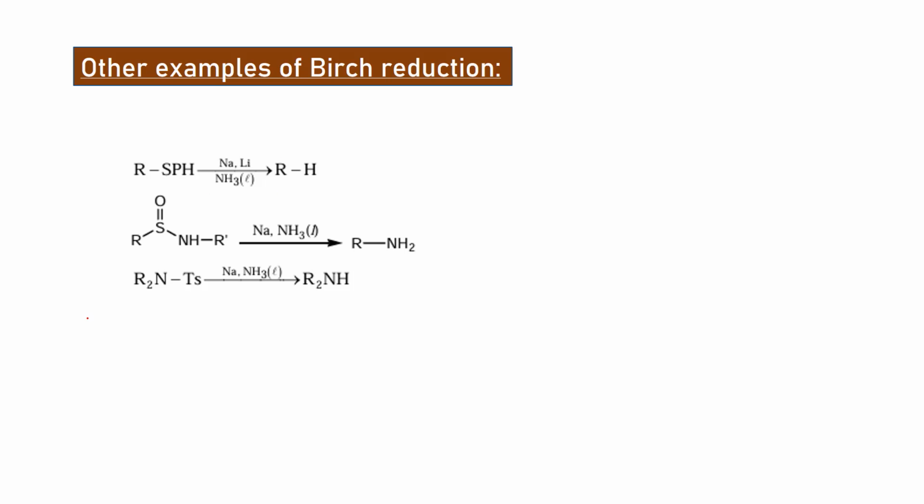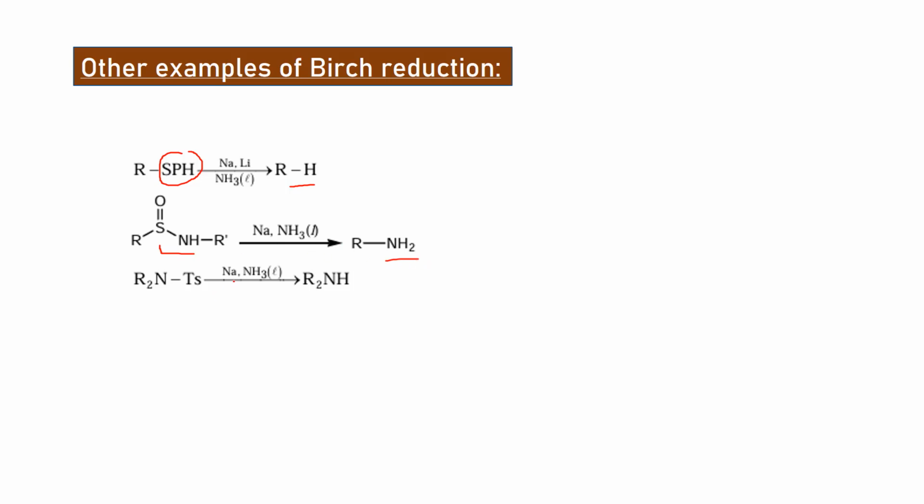If you take this type of thio compound and add Birch reduction reagent, what will happen? This will be eliminated and hydride will enter the alkyl group. After that, if you take this type of thioamide, this thio group will be reduced and we will get the amine.